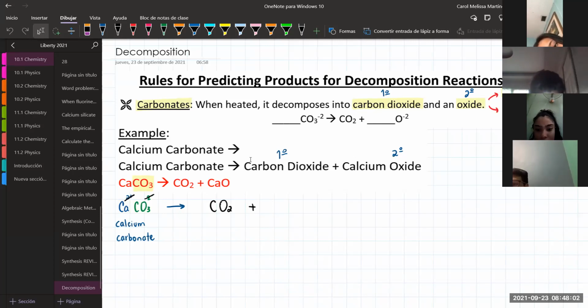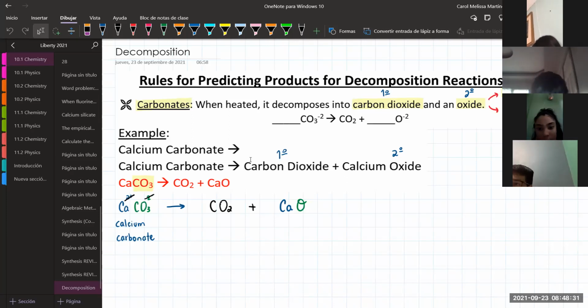I will take this calcium, okay, and I will form the oxide between calcium and oxygen. So remember, calcium has a charge of 2 plus, and oxygen has a charge of 2 minus. So what is going to happen with the charges is that they are going to be cancelled. Once the charges are cancelled, you don't need to show them.